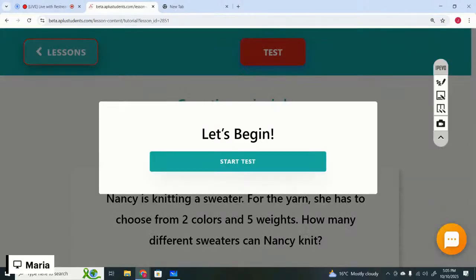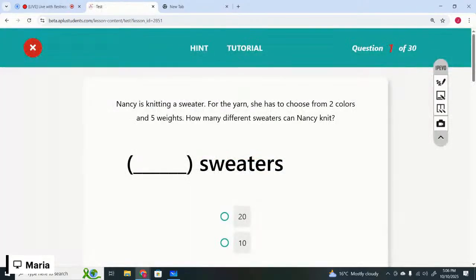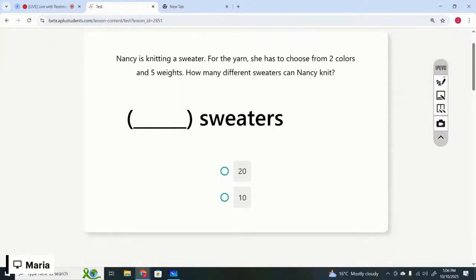Okay, let's just start with the test questions. Nancy is knitting a sweater.